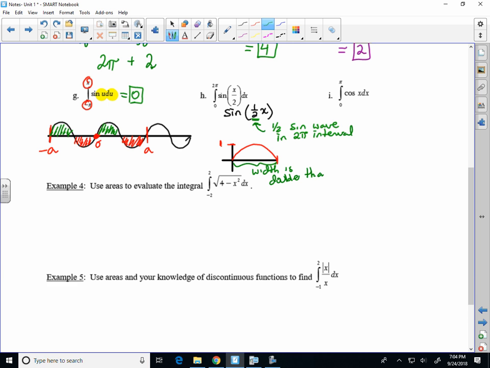It's double that of a single arch. All right, so if I know that a single arch of a sine wave has an area of 2, it's going to be 4.